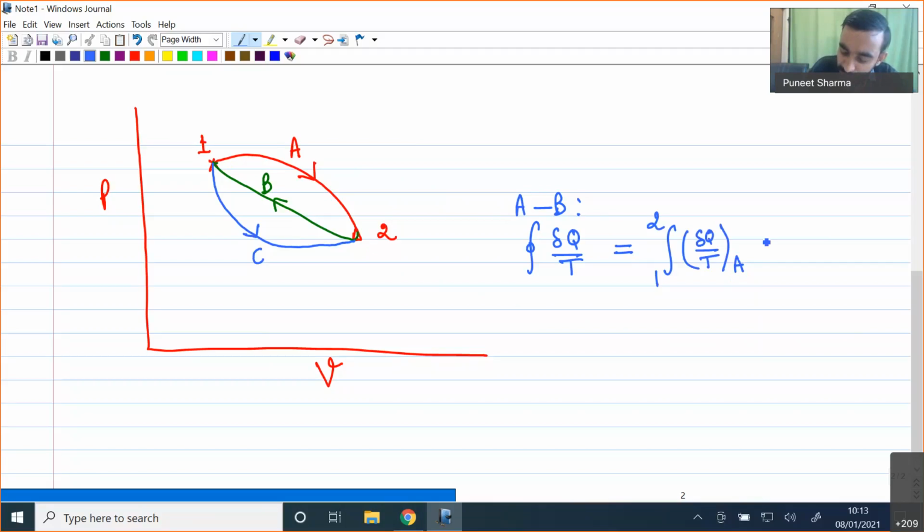While we are moving from 2 to 1, del Q by T is the integral from 2 to 1 of del Q by T, and this is happening along path B.